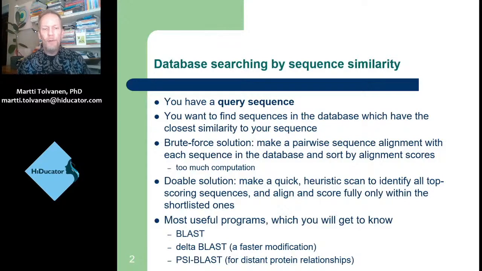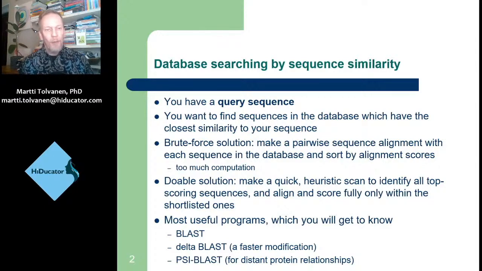So what you need to do is to do a heuristic scan, which is quick to do, to identify top scoring sequences, a few thousand, some tens of thousands of sequences maybe, and then do the full alignments only in the short list, and then sort by the scores and give the output.